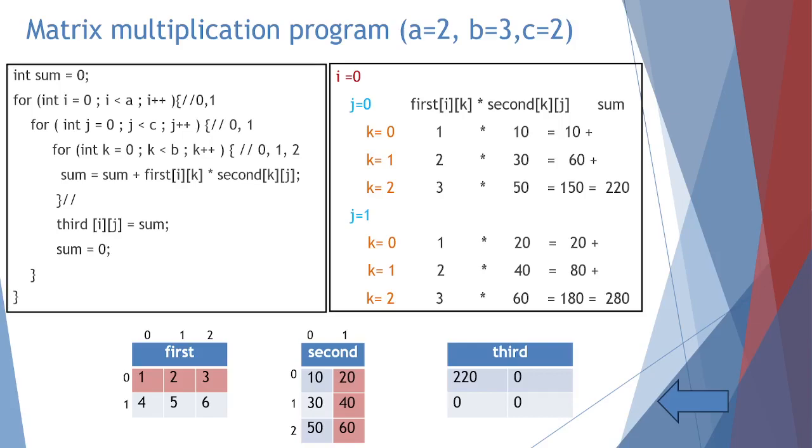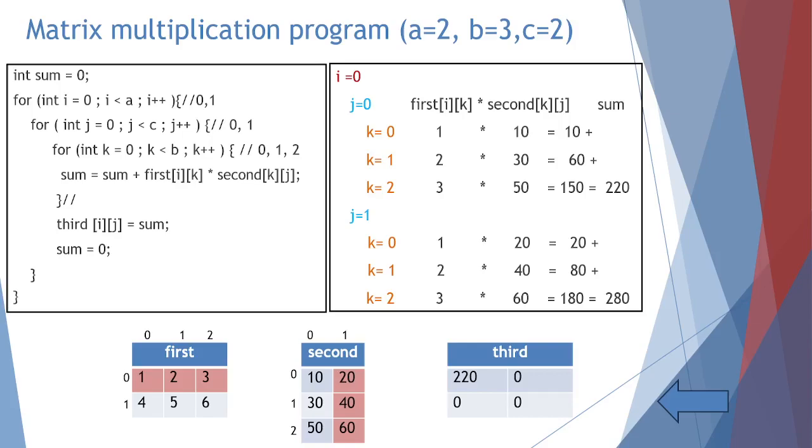But second of kj, k 0 only, 0, 1, 2, but j is 1. So 0, 1 is this area. 0, 1, 1, 1, 2, 1. This is 1 multiplied by 20, 2 multiplied by 40, 3 multiplied by 60, which is equivalent to 280.